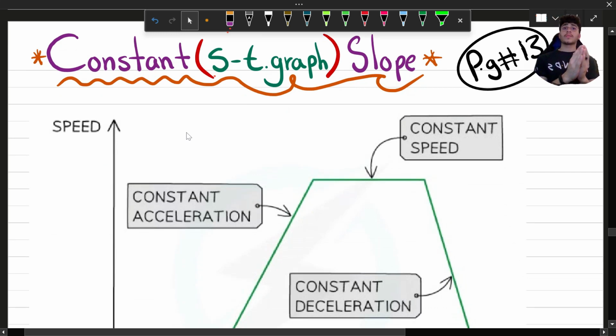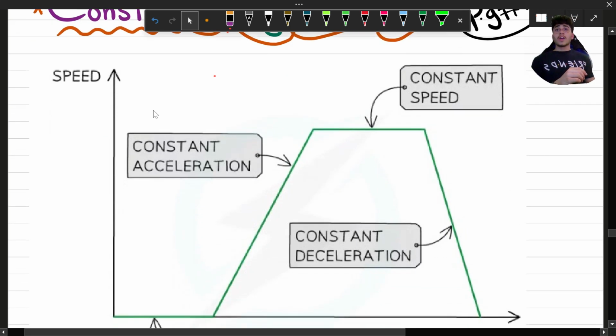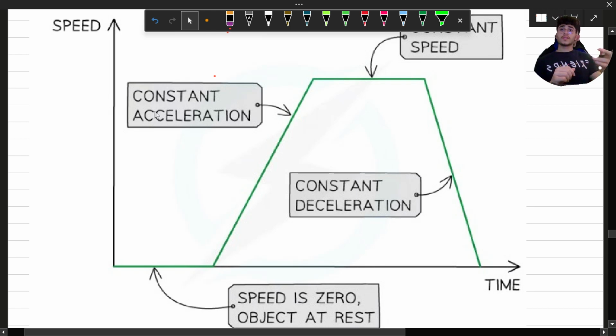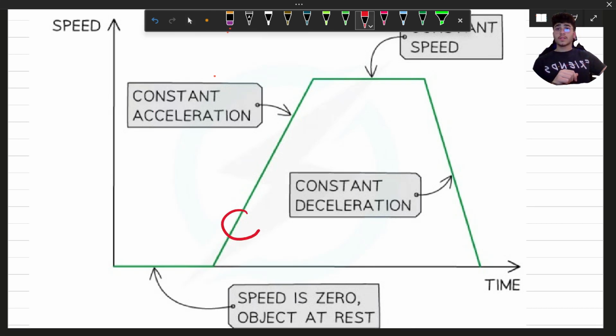So let's have a look at these speed-time graph slopes. If the speed-time graph slope is constant, so during this time first, the speed is 0, object is at rest, speed is 0, acceleration 0. Here we have constant gradient, so constant acceleration with increasing speed.